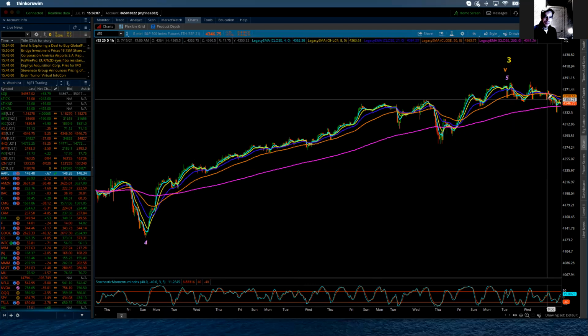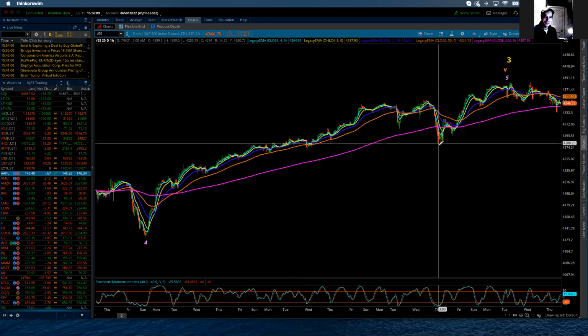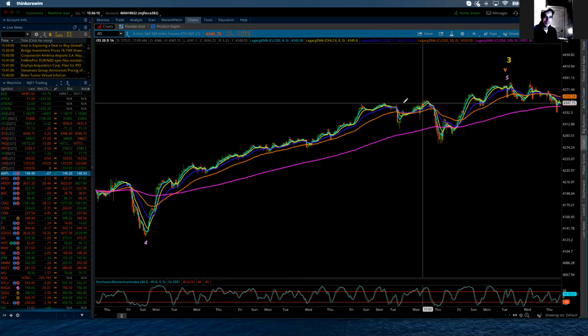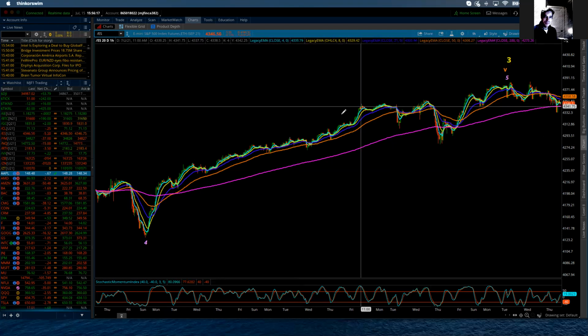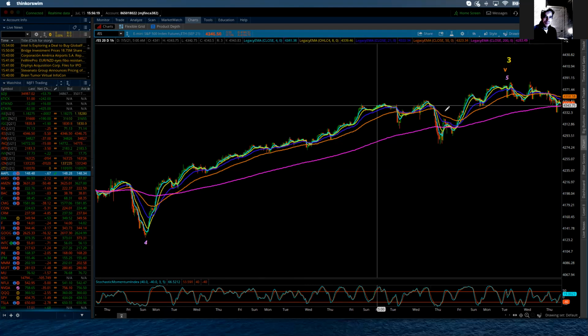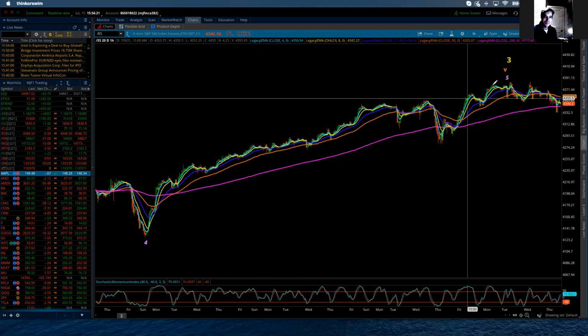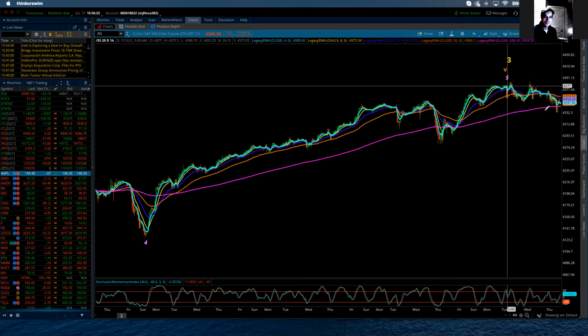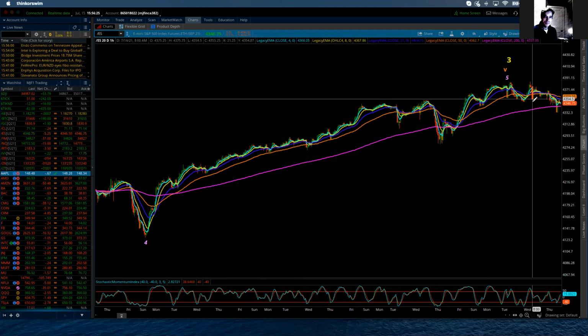Now, granted, it's only been 3 days, but really it's been pretty much above 4,300 for a week, a couple of weeks. And the rally up didn't make it look like they were going to stop it. So this is pretty common, but in the scope of the bigger picture, it's shallow.